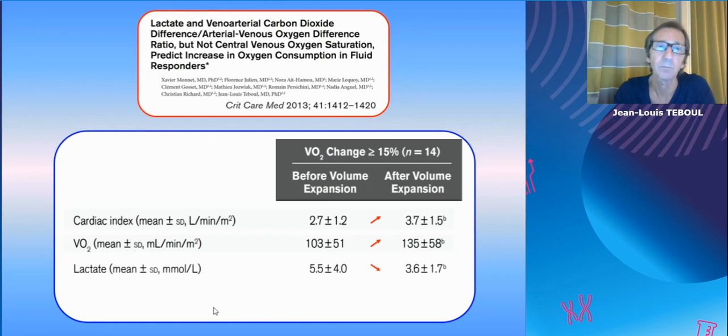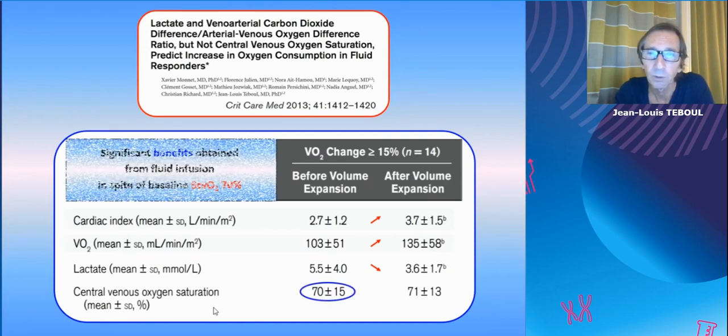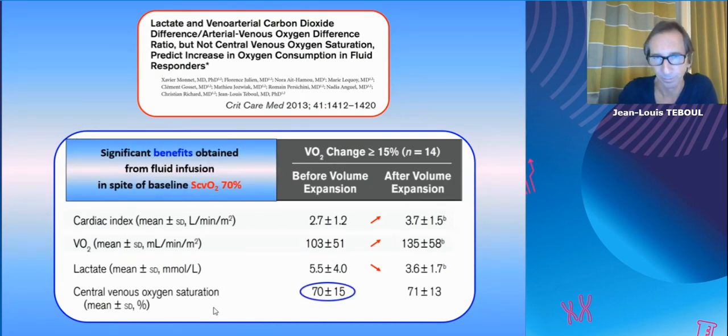And this, importantly, was associated with a decrease in lactate, so beneficial effects on tissue hypoxia. Interestingly, ScvO2 was normal before fluid administration, meaning that we obtained significant benefits from fluid infusion in spite of baseline ScvO2 of about 70%.